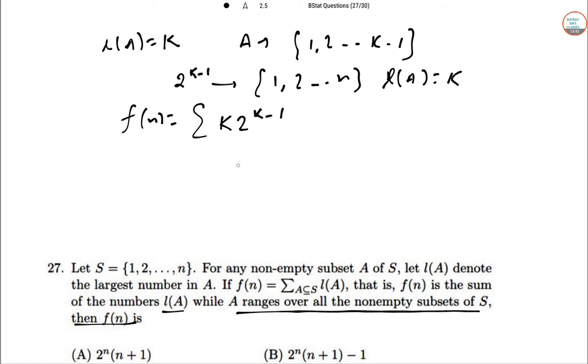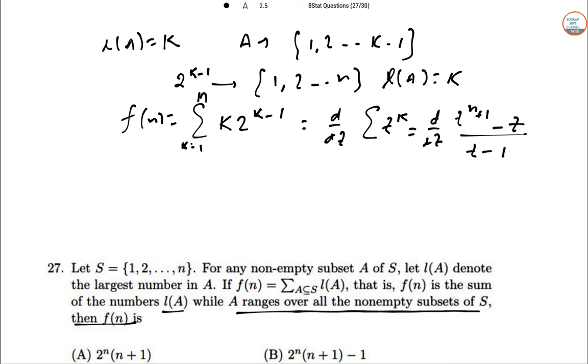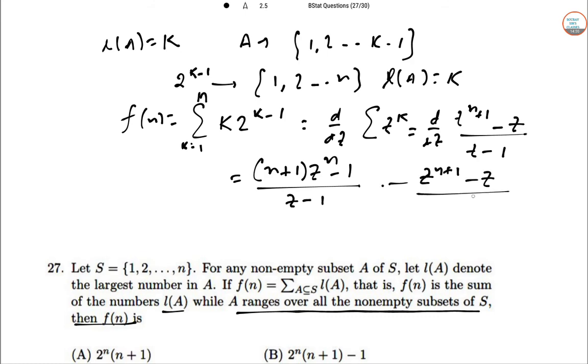So the summation of k times 2 to the power k minus 1, k equal to 1 to n. In this case, d/dz of z to the power k is d/dz of (z to the power n plus 1 minus z) by (z minus 1). So that is ((n plus 1) z to the power n minus 1) (z minus 1) minus (z to the power n plus 1 minus z), over (z minus 1) square.